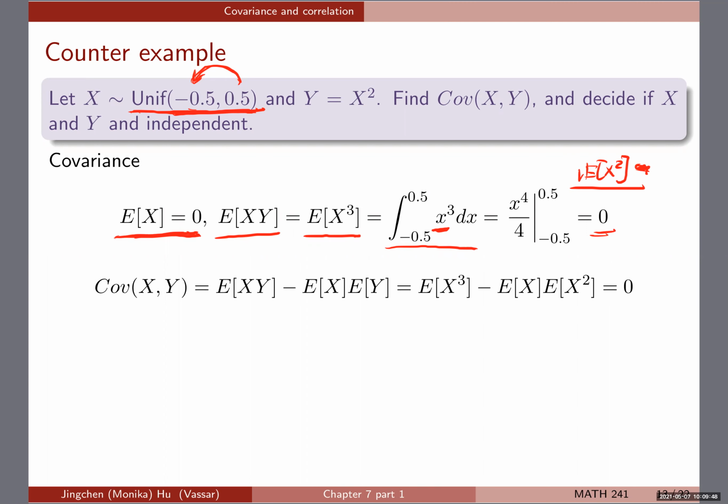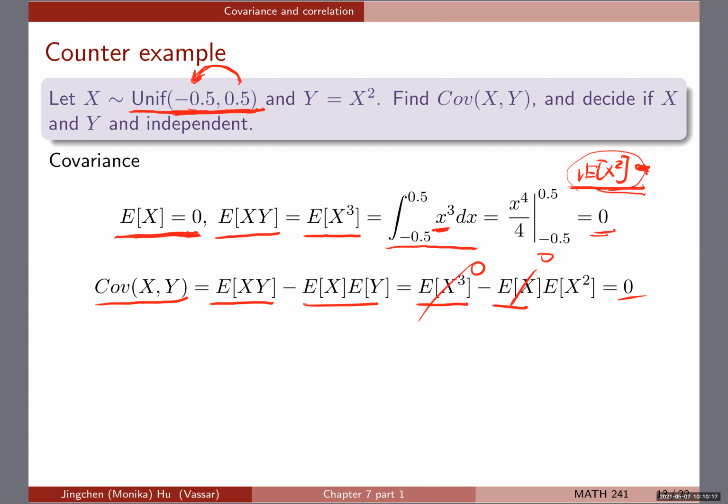Going back to the covariance expression, I have the expectation of xy minus the product of the expectations, so it's the expectation of x cubed minus the expectation of x times the expectation of x squared. Regardless of what the expectation of x squared is going to be, this is 0, so this is canceled, becoming 0. If you want, you can do the extra practice to get the expectation of x squared, but it's not necessary in our case.